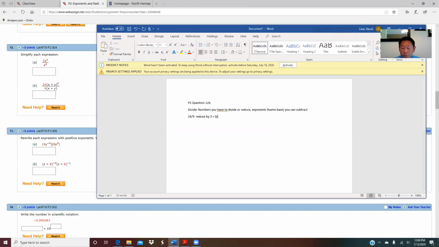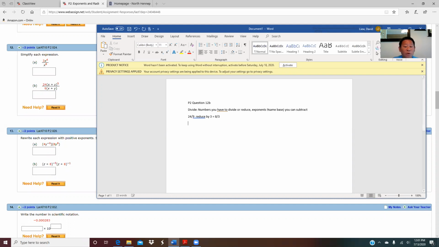Leave your number as 8/3. Don't change it to a mixed number. Leave it as an improper fraction.